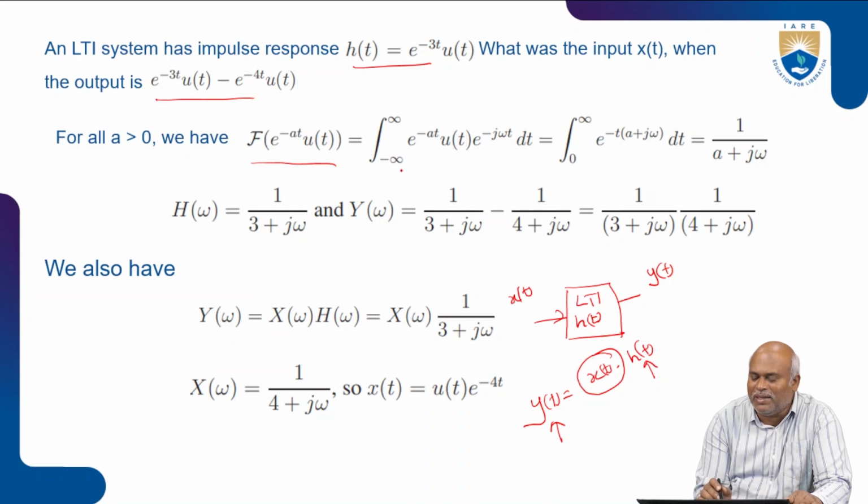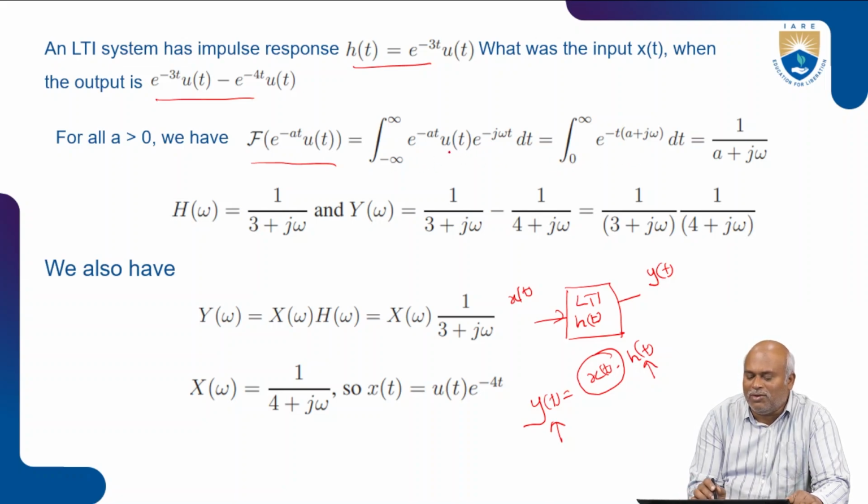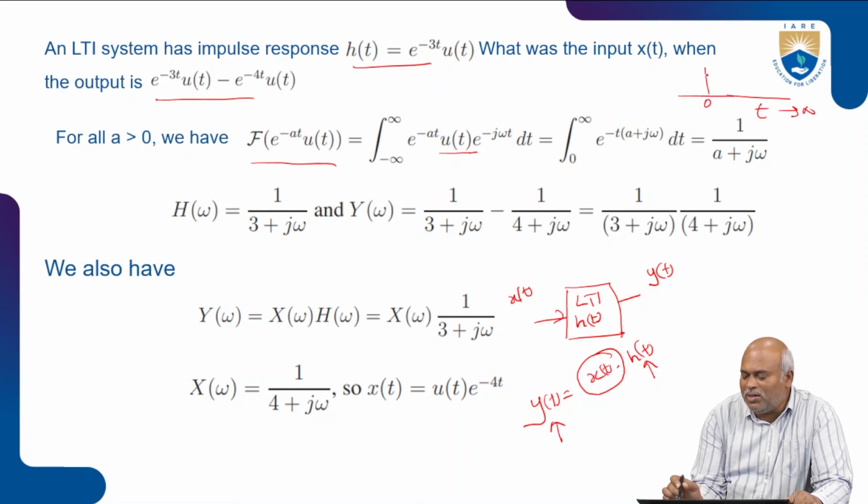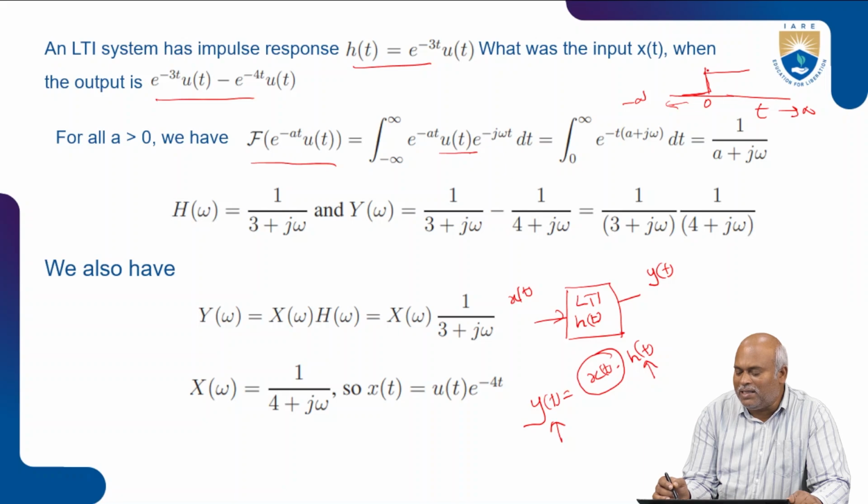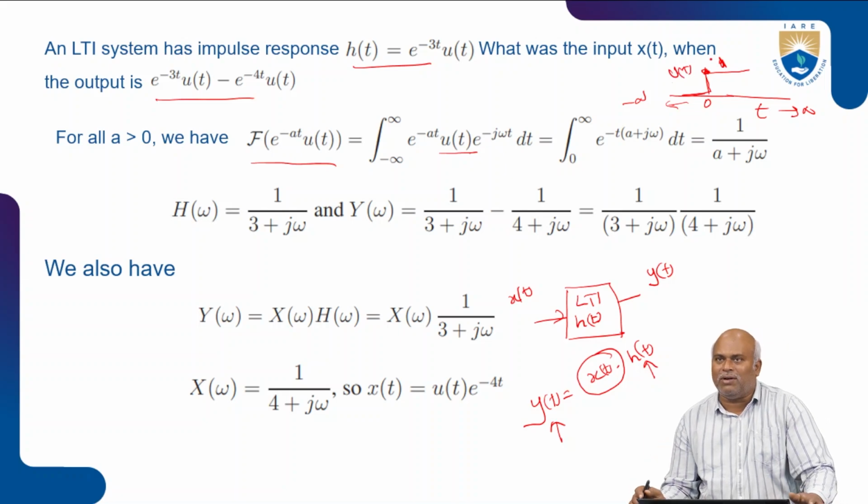Since u of t is present, the signal is present only for t from 0 onward. The negative direction of t is 0, and in the positive direction the amplitude is 1. That is what we call u of t.